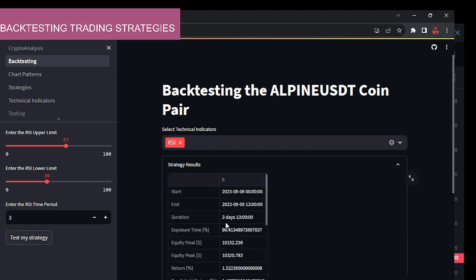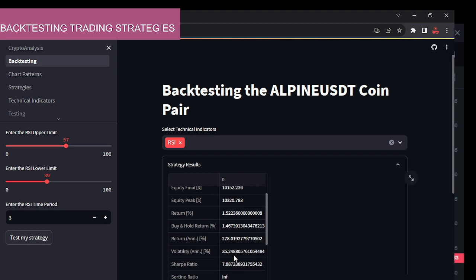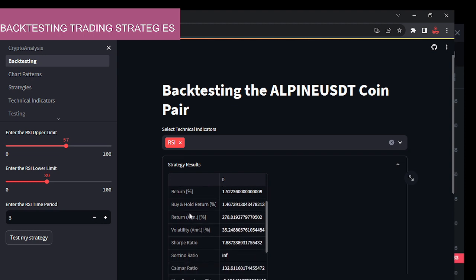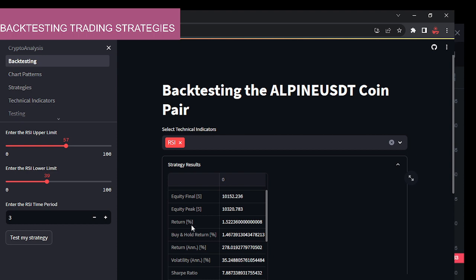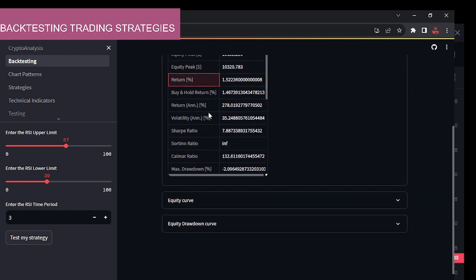So this is another thing that you can also use to compute your strategy. In this case, you can see this strategy is quite good because the buy and hold return is higher than the return itself. So that to me is actually a very good point.